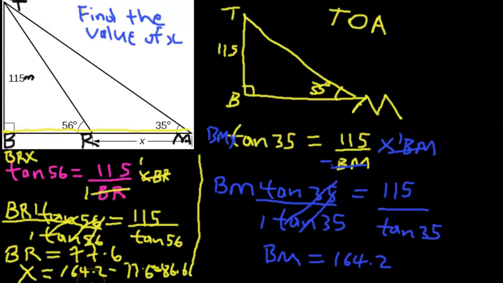So the solution, X is 86.6, and it's meters, right, to one decimal point. The distance given was 115 meters. Okay, that's it.